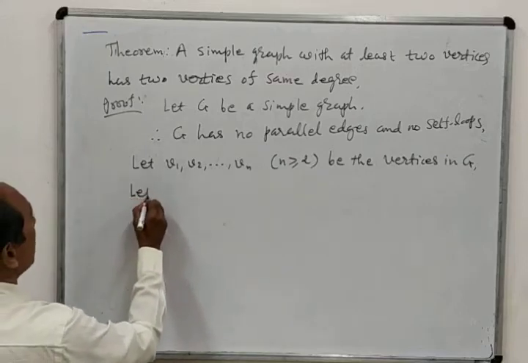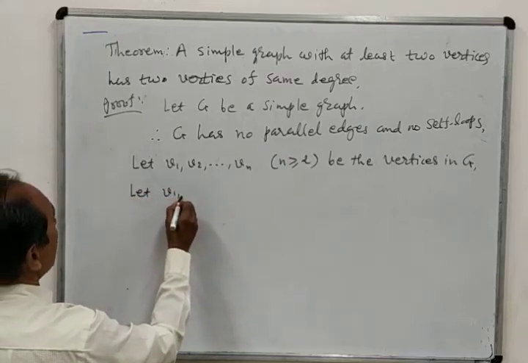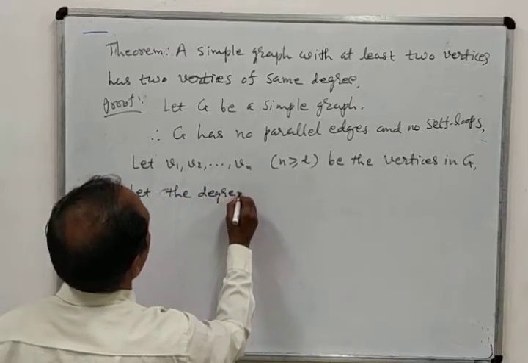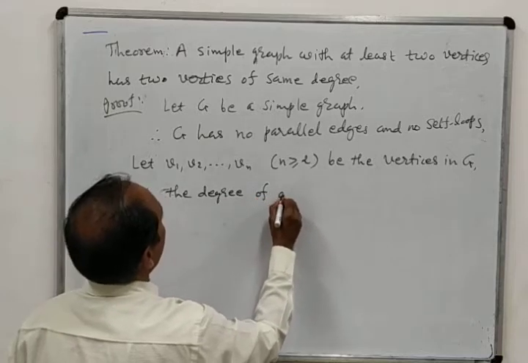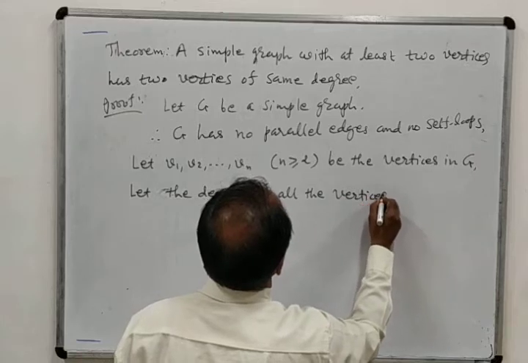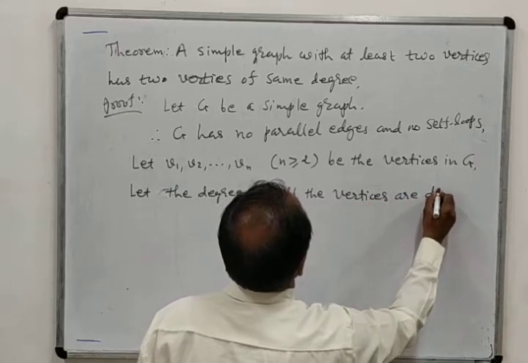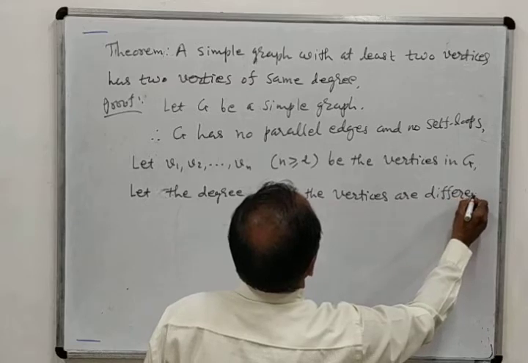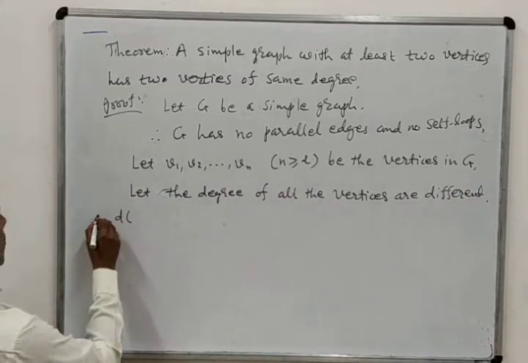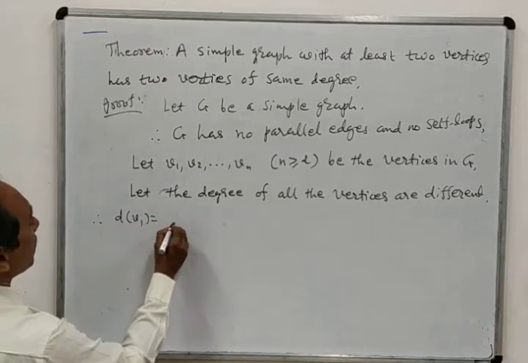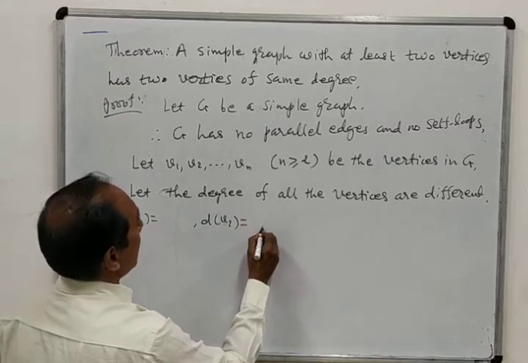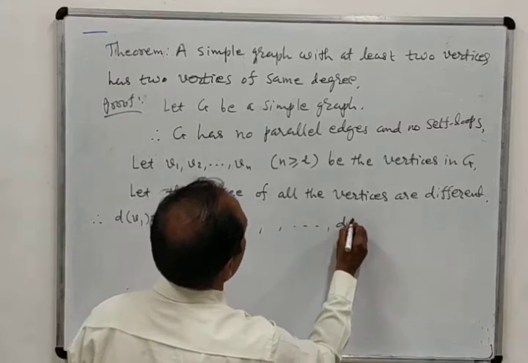So let the degrees of all the vertices be different. So different means what will be their degrees? Therefore, suppose d of v1 equal to something, d of v2 equal to something, then dot d of vn equal to something.